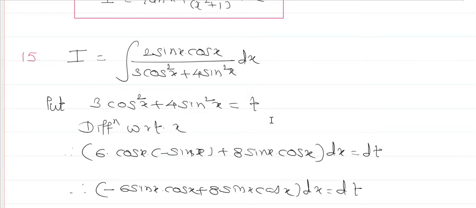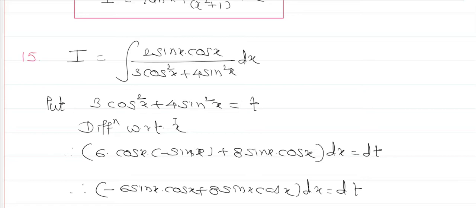I will try. Now what is the derivative of cos² x? That is 2 into 3, that is 6 cos x into the derivative of cos x, which is minus sin x, because this is a composite function. So the derivative is minus 6 sin x cos x. Next is 4 sin² x.